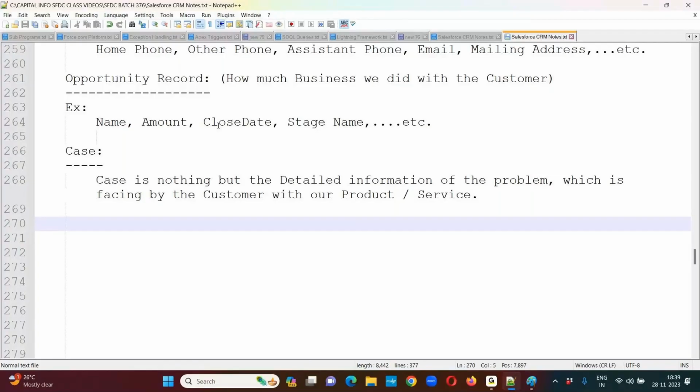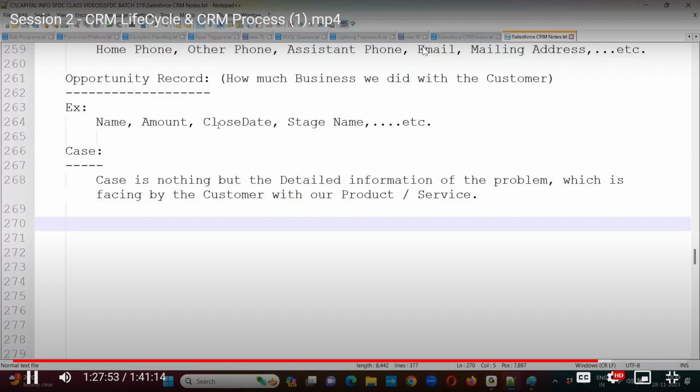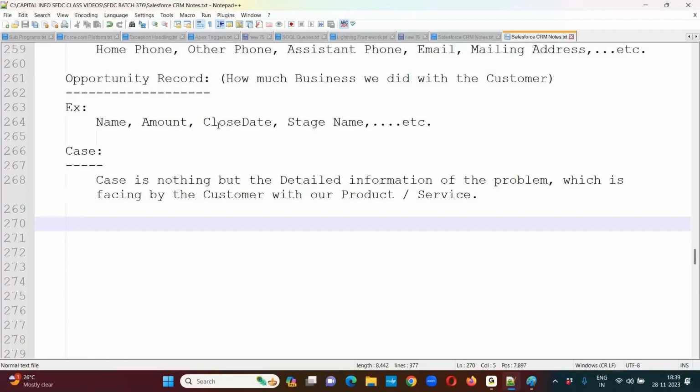We have to maintain a proper relationship with the customer because for every organization, sales is not important. Service is very important. Customer will buy the product only once, but as an organization, we have to provide lifelong service to the customer. So in that case, immediately we have to respond. So that here we are going to be providing the solution immediately here.